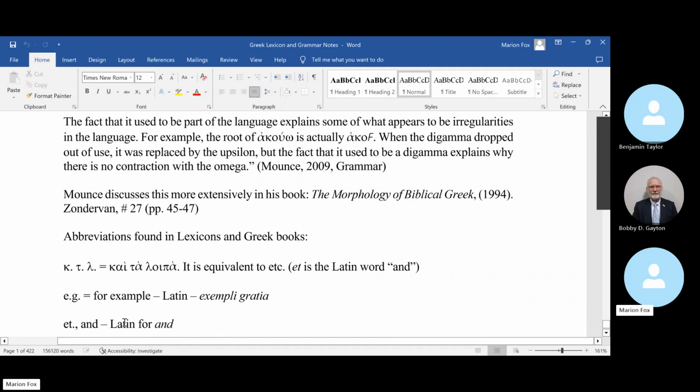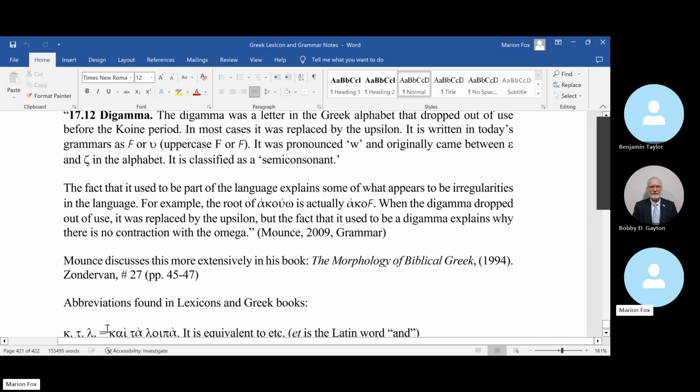When you read some of these definitions, like in Thayer, they'll use these. They have a kappa, tau, lambda, that's kai, ta, loipa, and that's equivalent to the Latin word etc. It's the remainder of the rest of them.